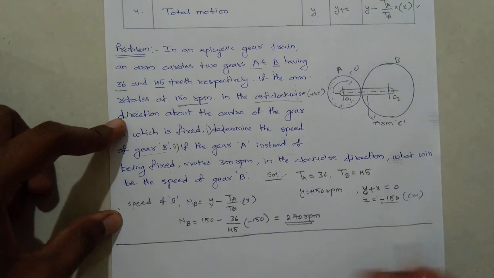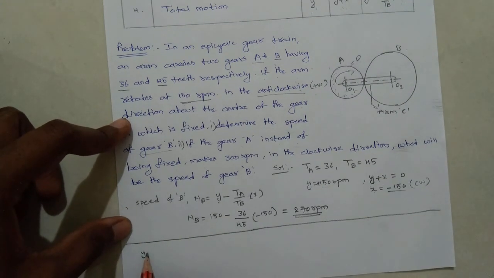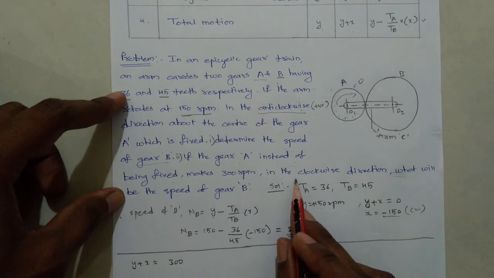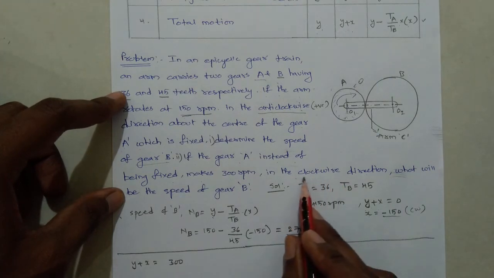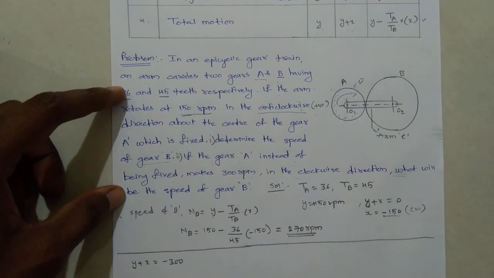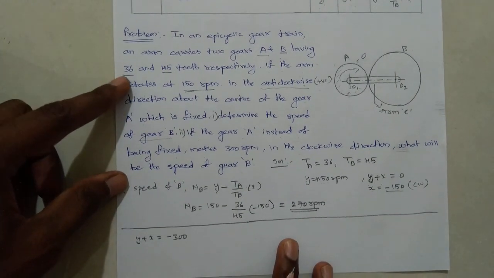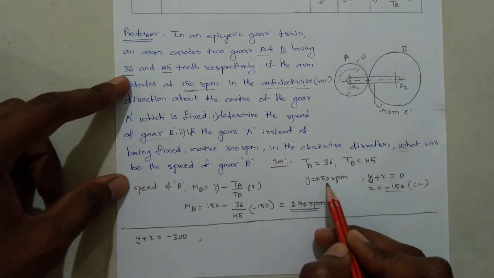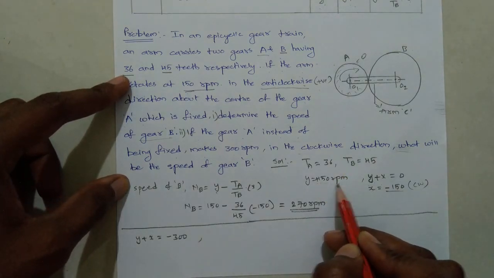So we have to take y plus x is equal to 300. And remember one thing, it is rotating in the clockwise direction. So if it is clockwise, we have to take y plus x is equal to minus 300, right? And we already know y is equal to 150.